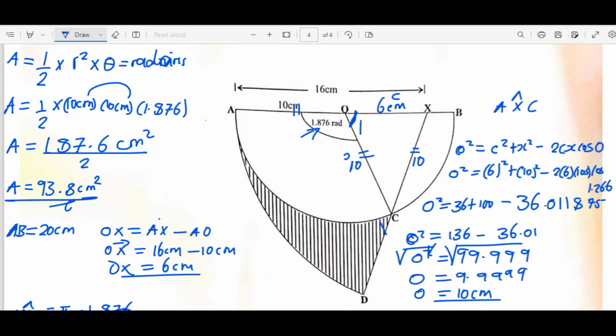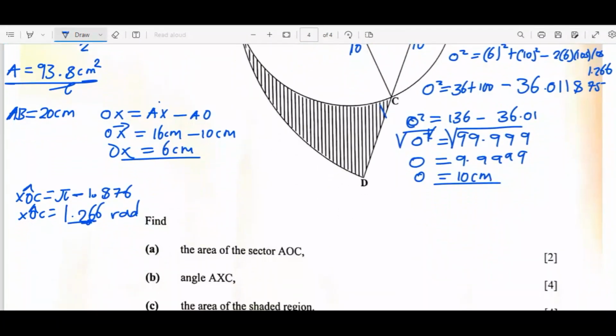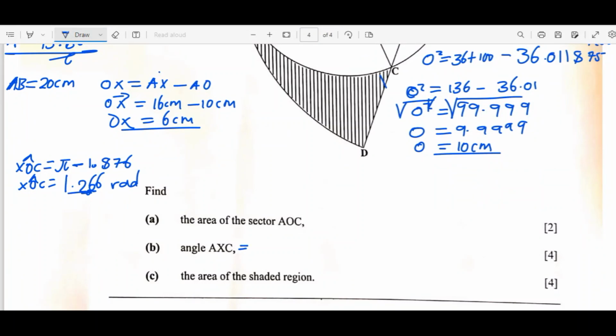So if angle XOC is equal to 1.266, then this one must also be equal to 1.266, because we want these two base angles to be equal. So therefore, this is equal to 1.266.